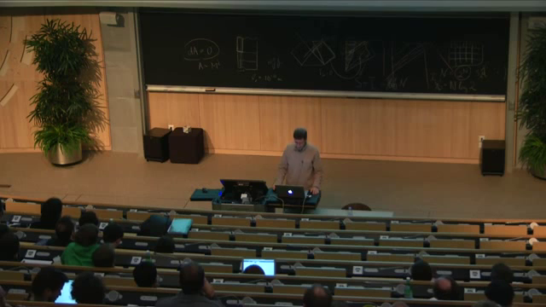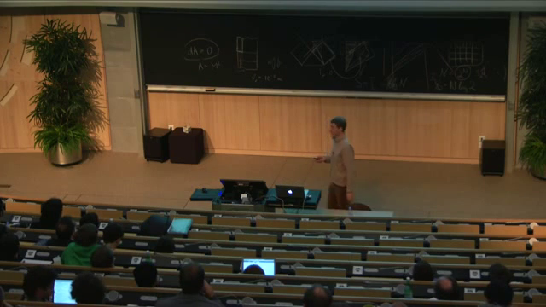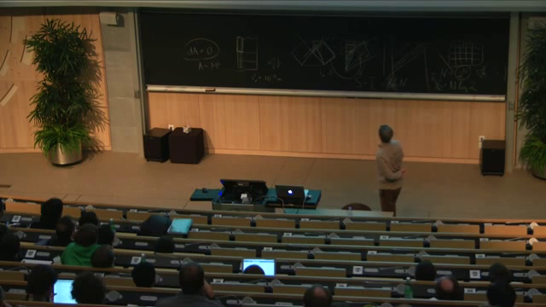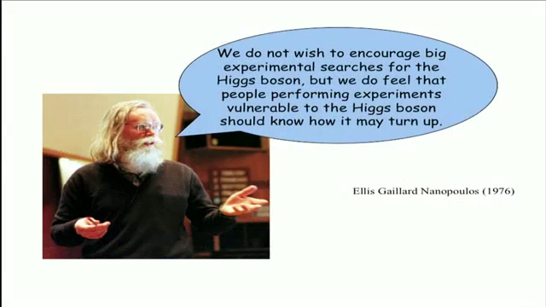Why? Well, in an influential paper of 1966 by Ellis, Gaillard, and Nanopoulos, which was really a pioneering paper for the phenomenology of the Higgs boson, these authors conclude by saying, we do not wish to encourage big experimental searches for the Higgs boson, but we do feel that people performing experiments vulnerable to the Higgs boson should know how it may turn out.